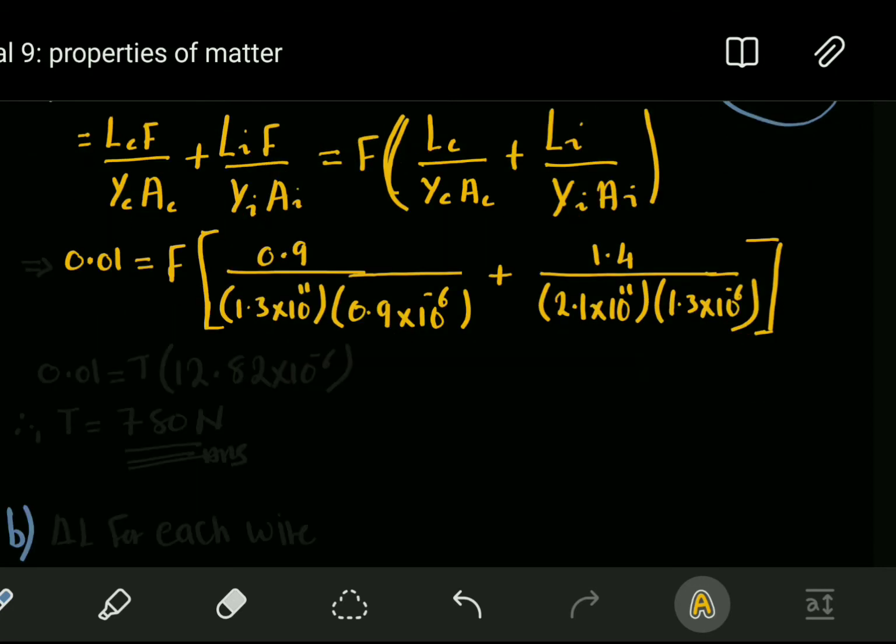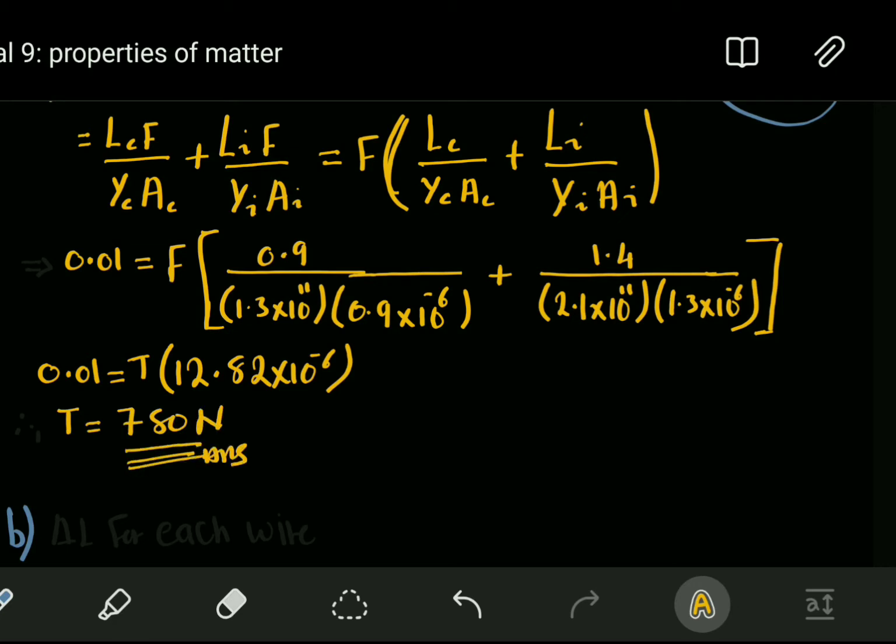Giving me 0.01 equals the tension, because this force is the tension that we are looking for, tension times 12.82 times 10 to the minus 6, and we obtain the value of T as 780 newtons. I'm sure we know how to reach this stage at this point.